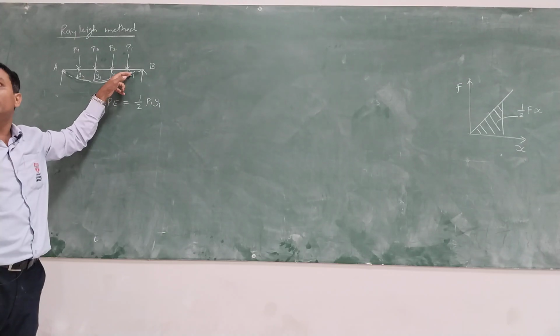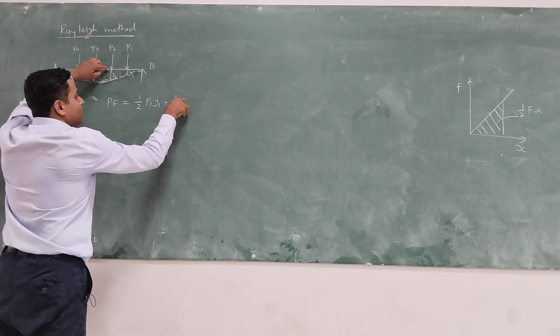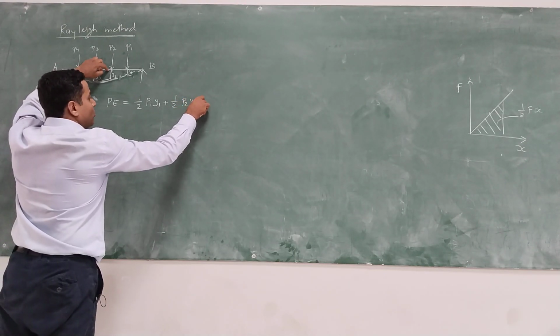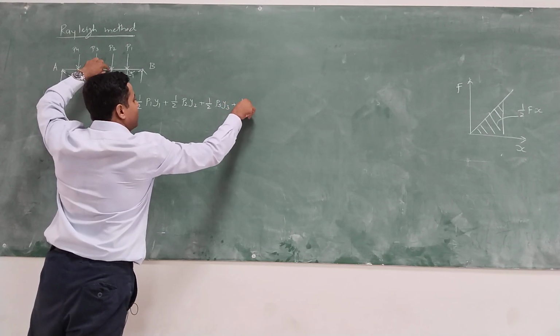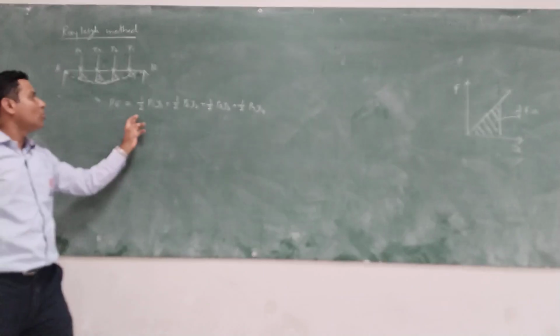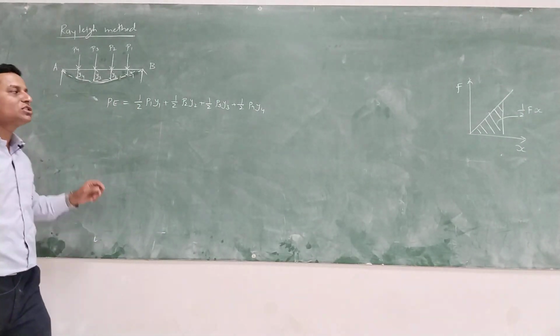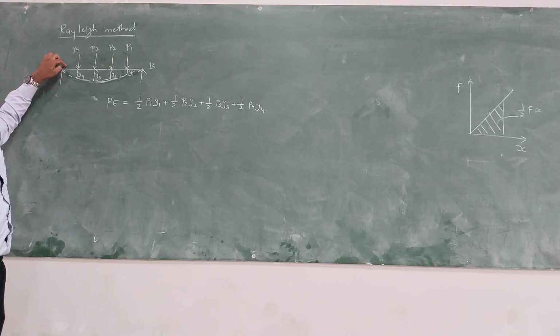But we have a total of 4 points, so plus 1/2 P2 Y2 plus 1/2 P3 Y3 plus 1/2 P4 Y4. This is the total potential energy stored inside the beam because of the displacement.